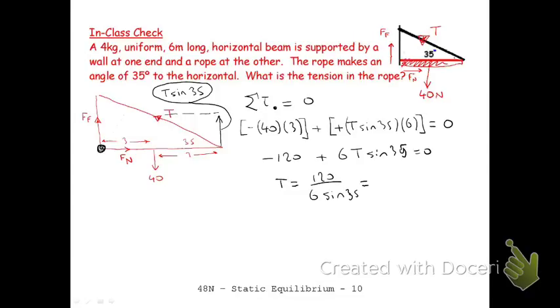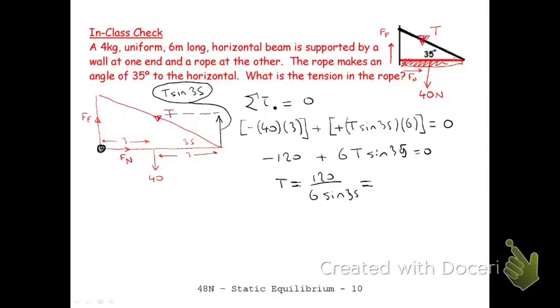I didn't bring my calculator. This is the second day. Man, I am so out of practice. So what's that going to be? 20 over sine 35, probably something like 60 or something like that.